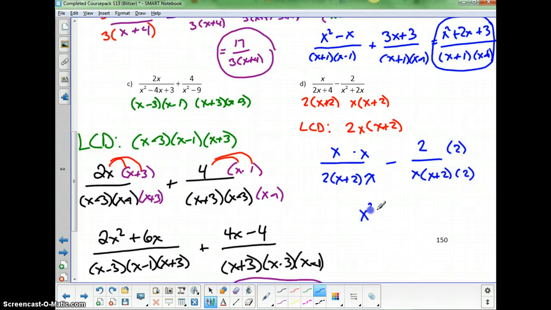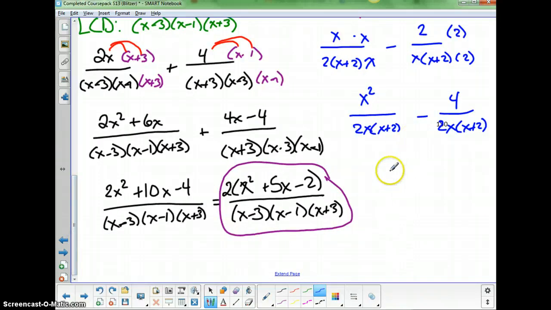That gives me x squared over 2x times x plus 2 minus 4 over 2x times x plus 2. So my subtraction is going to be x squared minus 4 over 2x times x plus 2.